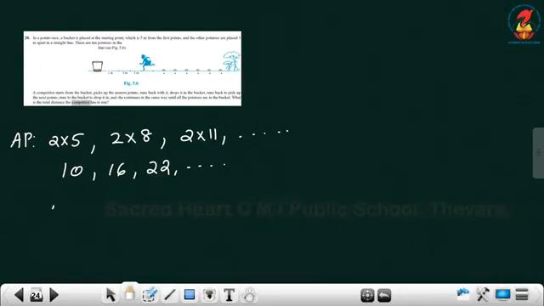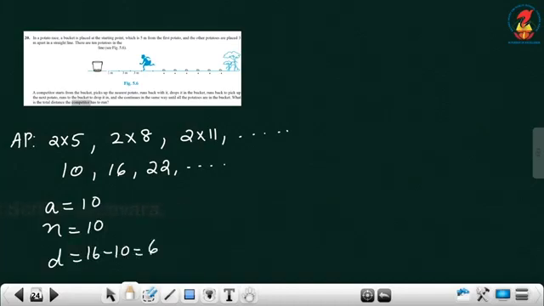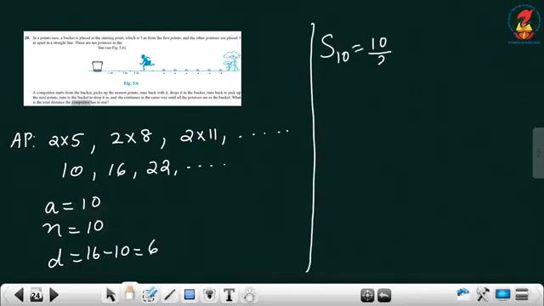So 10 is the total number. So a = 10, n = 10 and d = 16 − 10 = 6. So you have to find S10 = 10/2 × (2 × 10 + 9 × 6).